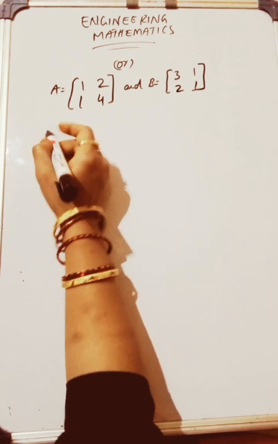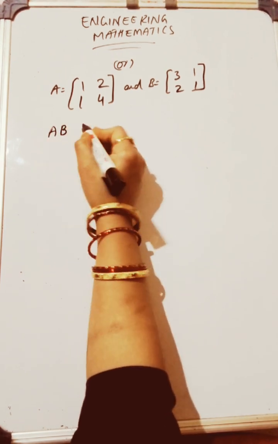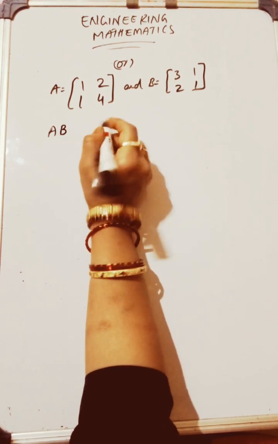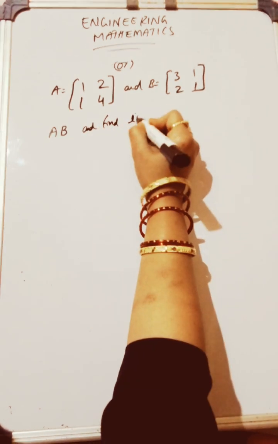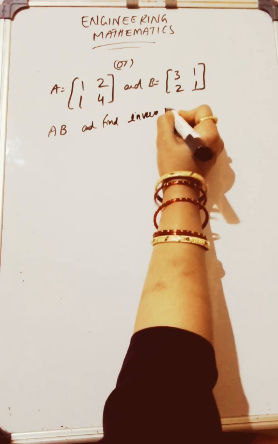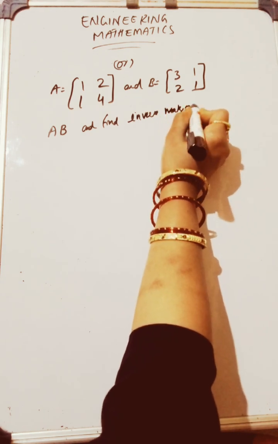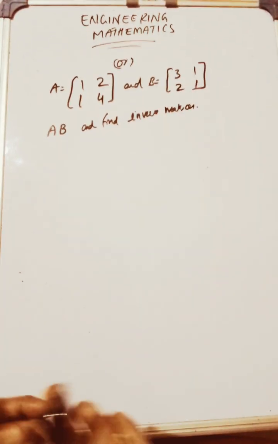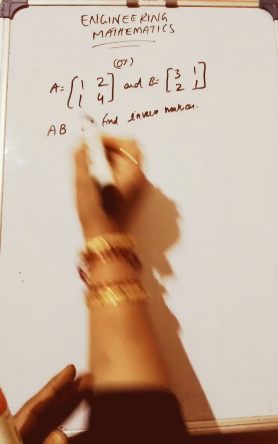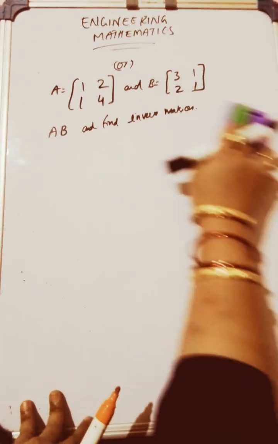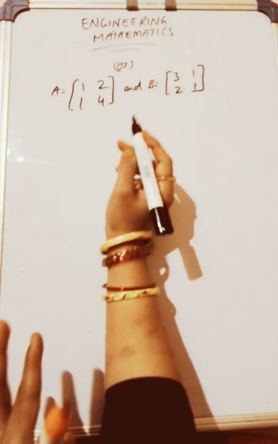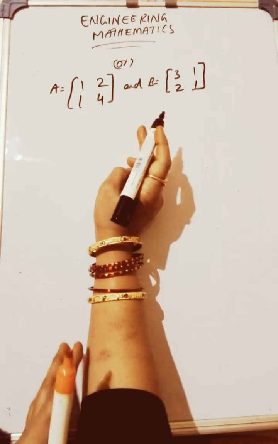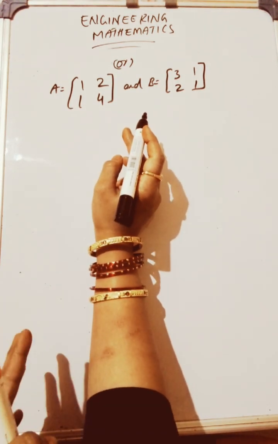Find the product of matrices A, B, and hence find the inverse matrix, if it exists. Now this is given. Now what do we have to find? We have to find AB. I am not writing the complete question. Please go through my description box. We will get the question as well as the answers.